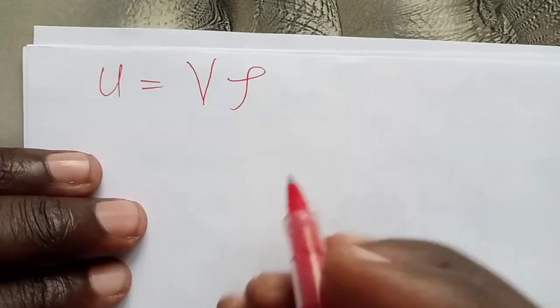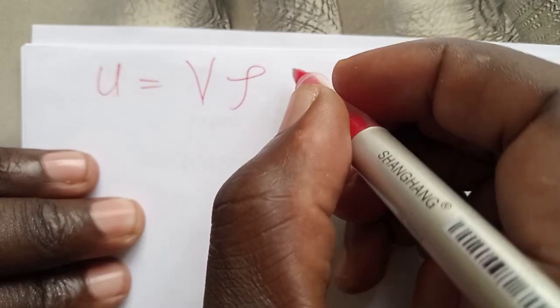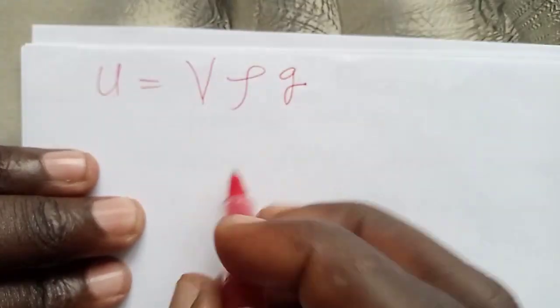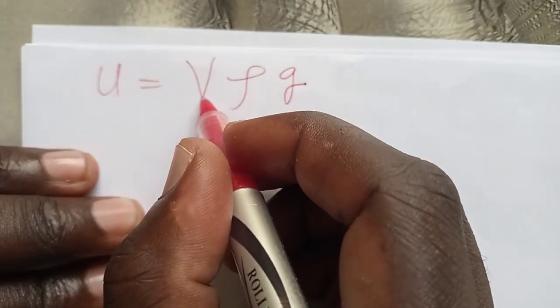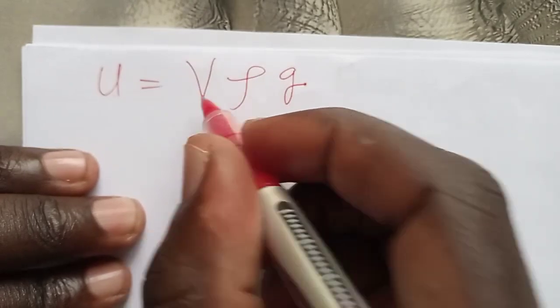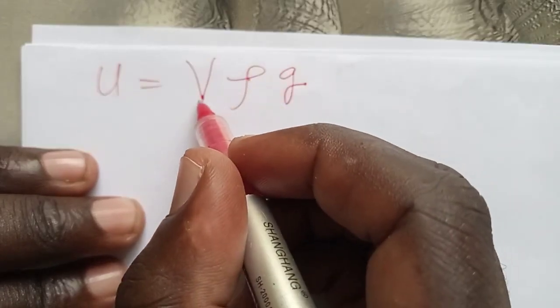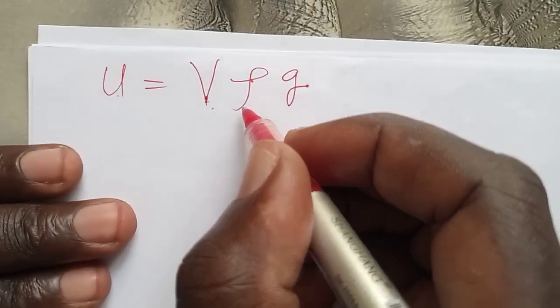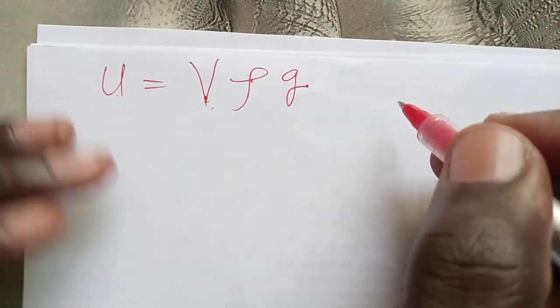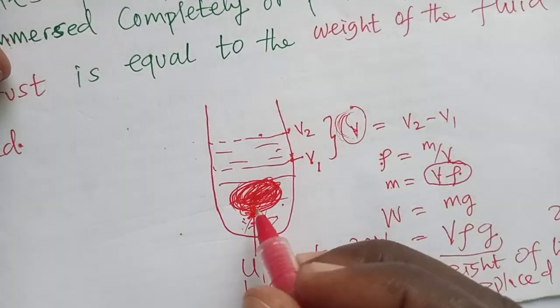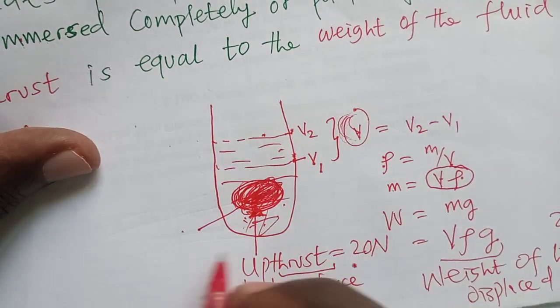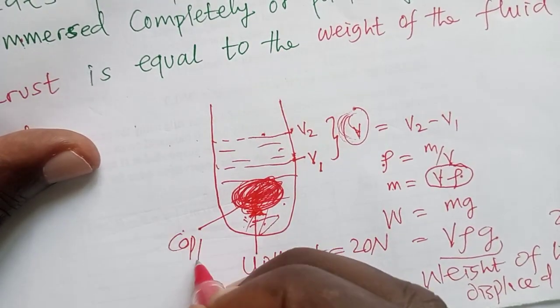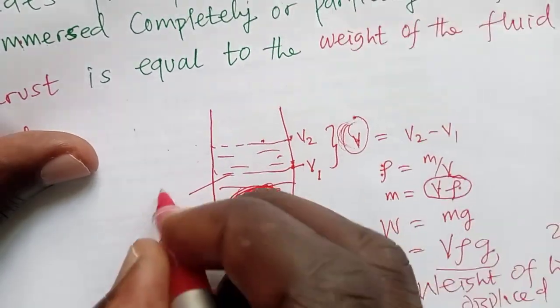Now, according to him, upthrust is equal to V rho g, where this V is the volume of liquid displaced and, of course, also the volume of the material. Rho is not the density of the material. Let's say this object is a metal. It can be copper, and the liquid here is water, for example.